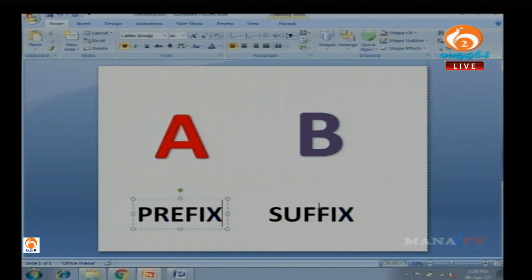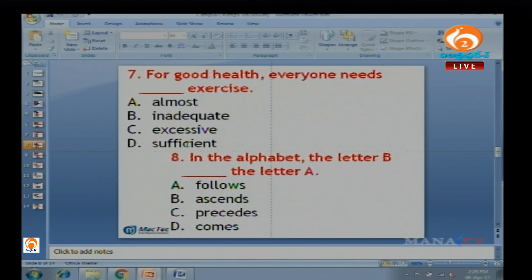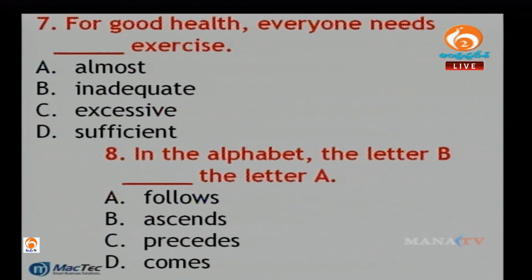All right. Now in this case, I can say precede. So A is preceding B, which means B is following A. All right. So in the alphabet, the letter B follows the letter A.